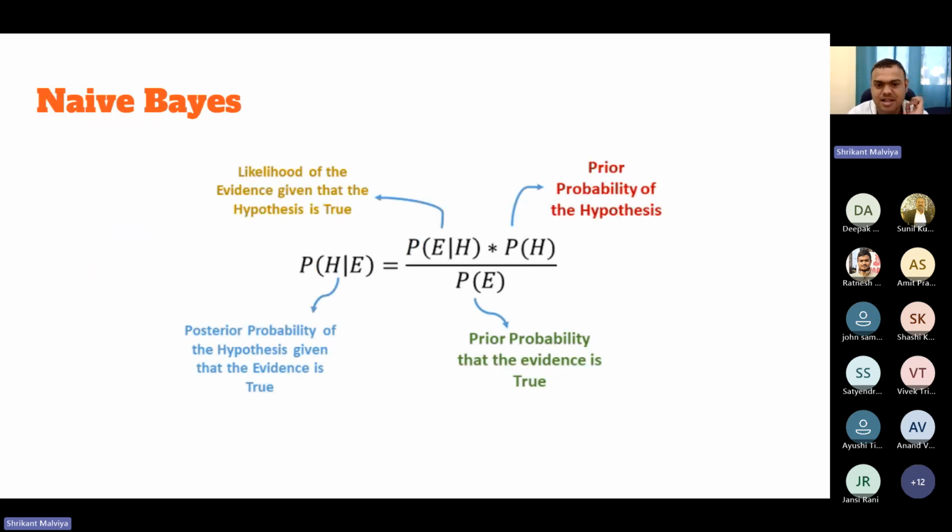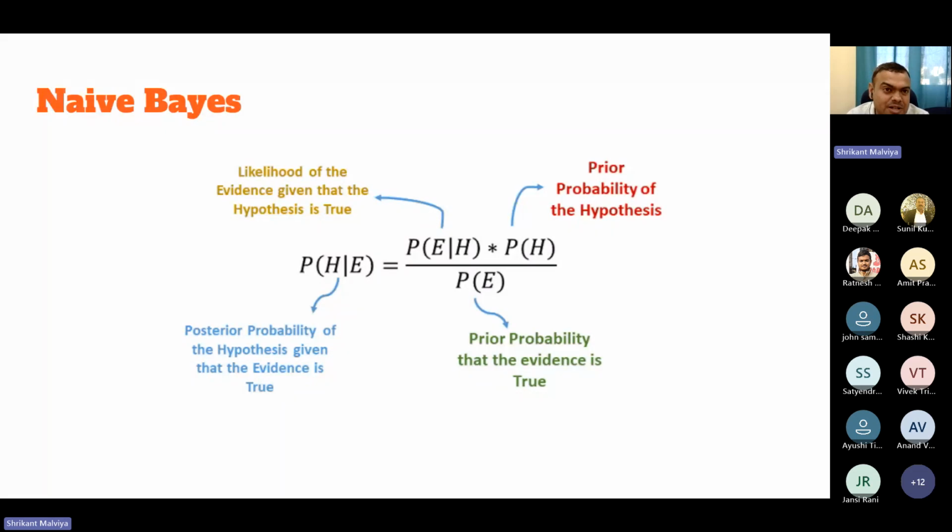I'm sure most of you have already studied naive Bayes in the probability part of mathematics, so let's quickly revise. Naive Bayes is based on this conditional formula, where the probability of a hypothesis given evidence is estimated by this equation. For the terminology, you can consider the hypothesis as a class, because ultimately we are going to do a classification problem.